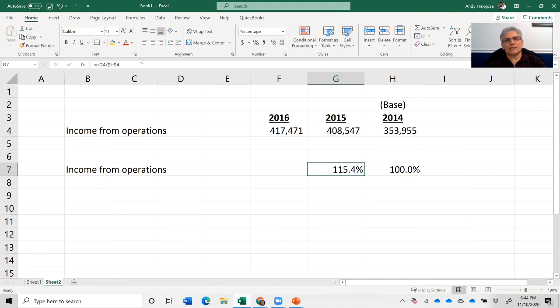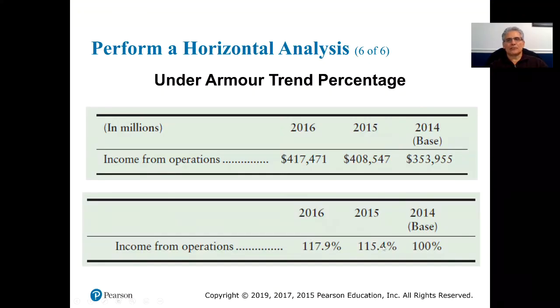For 2015, we're going to take G4, 408,547,000, and we're going to divide that by 353,955,000. That computation is going to give us 115.4%. And for 2016, this divided by this will give us 117.9%. Those percentages are consistent with what you see on the PowerPoint.